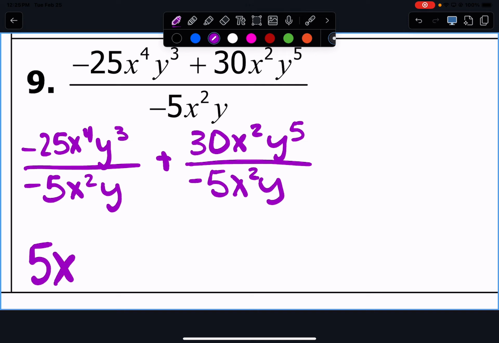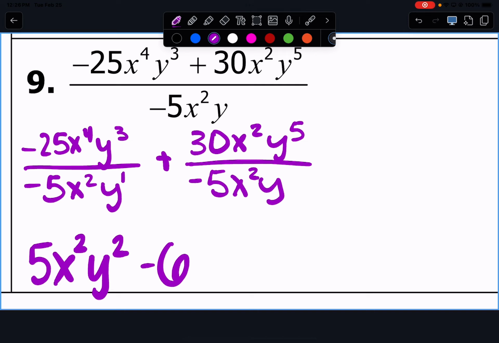And then we're going to get x squared, and y to the 2nd as well, because 3 minus 1 is 2. Now, 30 divided by negative 5 is negative 6. x squared divided by x squared, what happens to that? Cancels out. Yep. And then y to the fifth divided by y is y to the fourth. So that is our answer right there.